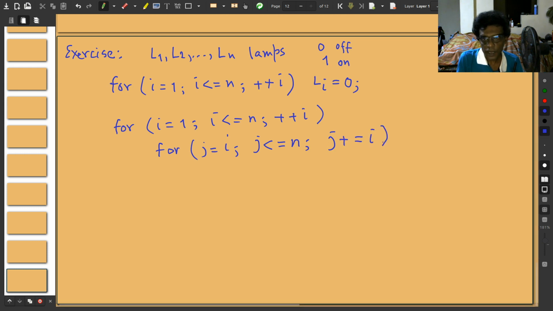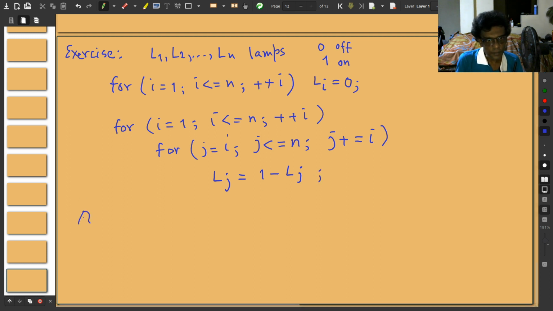So i, 2i, 3i. Only these lamps, you just set L[j] equal to 1 minus L[j]. So if it was off, it now becomes on. If it was on, it now becomes off.